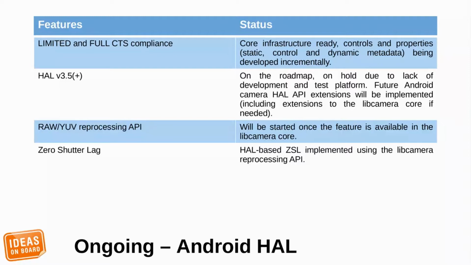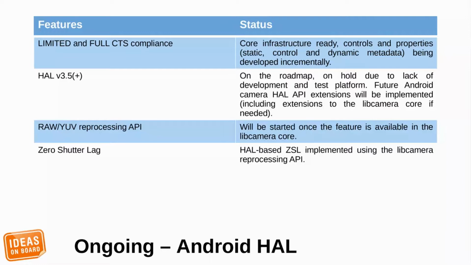And so the idea behind zero shutter lag is to continuously capture frames. And then when the user wants to capture an image, it's actually going back a bit backward in time to pick a frame that has been captured a few frames before, to bring the actual delay to zero.